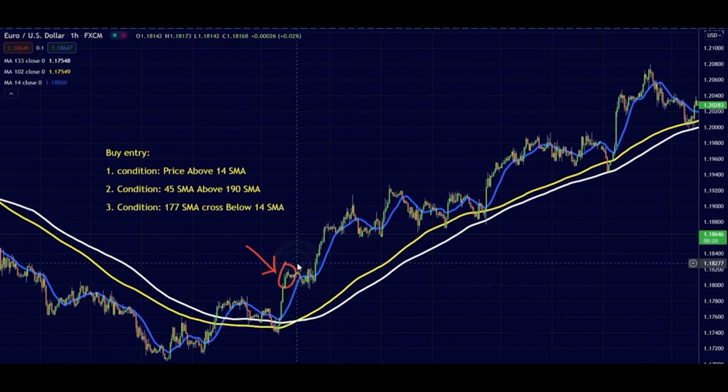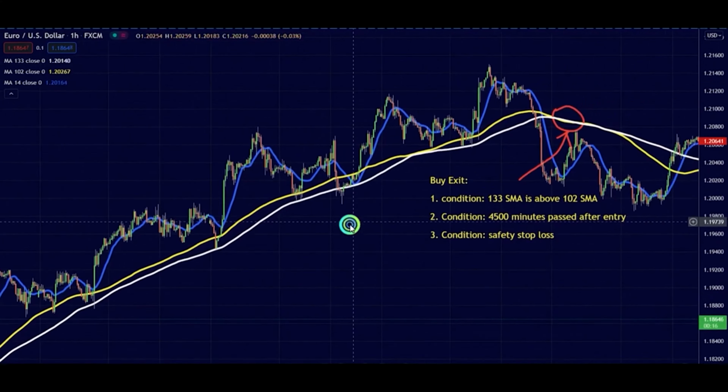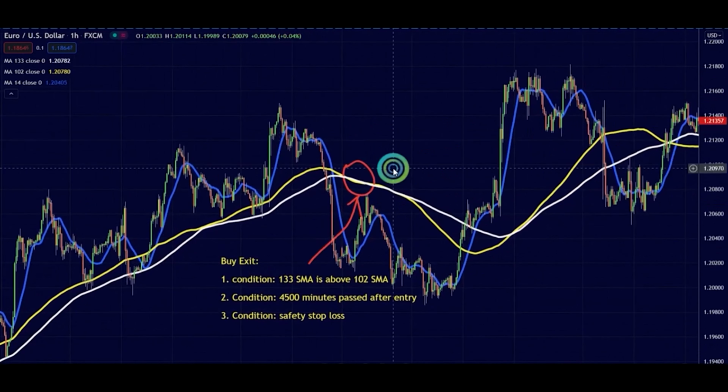And you know, there was a cross here. So it is our exit, and you should follow your strategy 100%. Otherwise you will fail, and it is not just something that I say, it is the truth. So this condition is perfect for us.